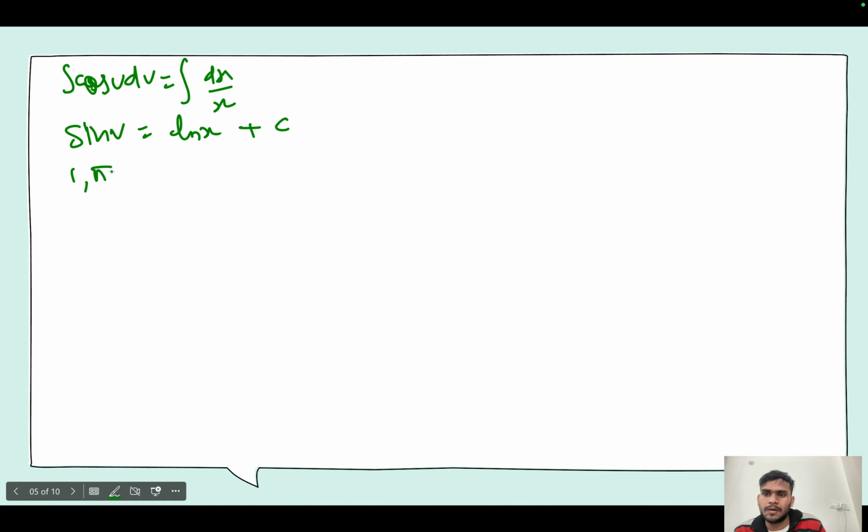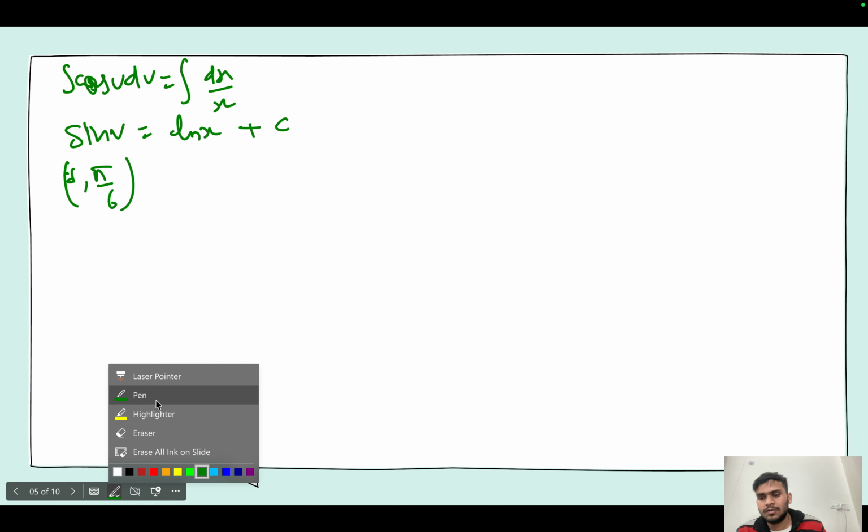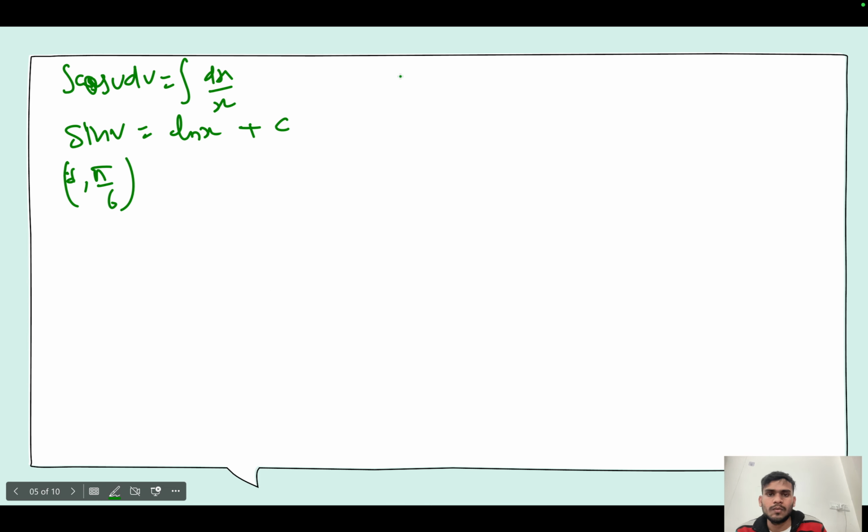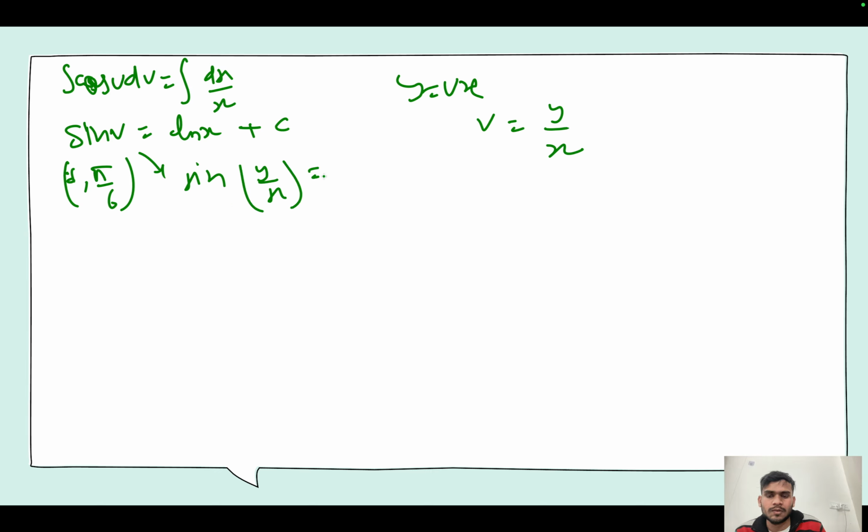Now we have to put the value of y is equal to vx here. So v is equal to y by x, so it will become sin (y by x) is equal to ln of x plus c.